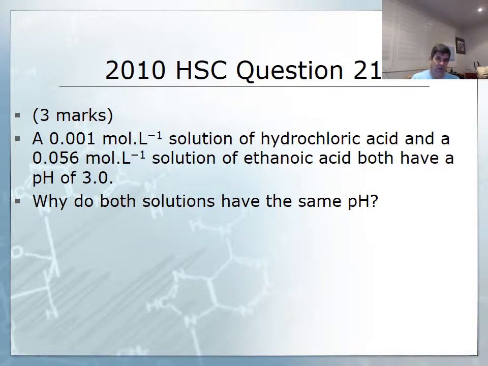Well, we know that the calculation of pH is based on the negative log of the concentration of hydrogen ions. So therefore, what we should do is put the concentration.